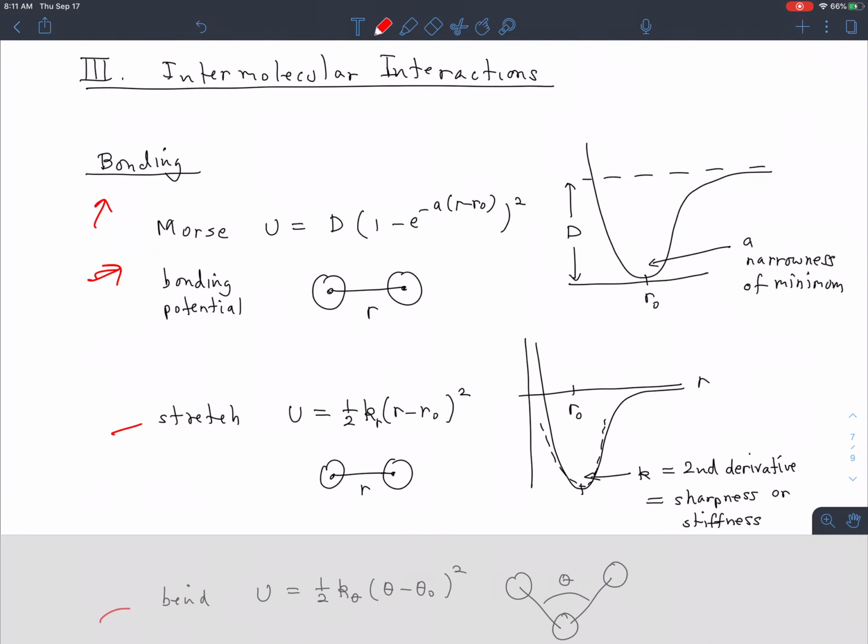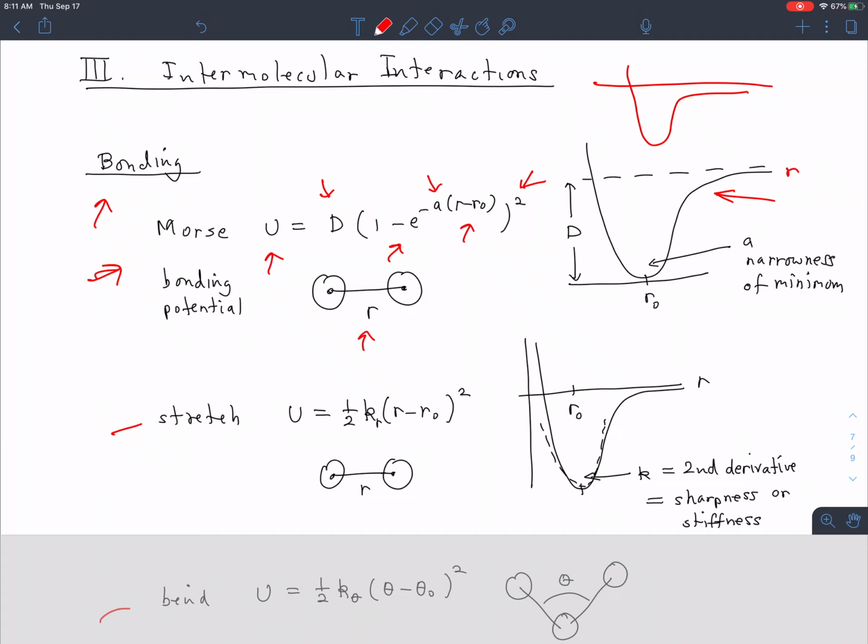There's the Morse potential, which gives the full bonding curve between two atoms, and has the form energy is equal to a quantity D times 1 minus e to the a(r minus r0), all that quantity squared. The shape of that function looks like this as a function of r, the intermolecular distance between two atoms.